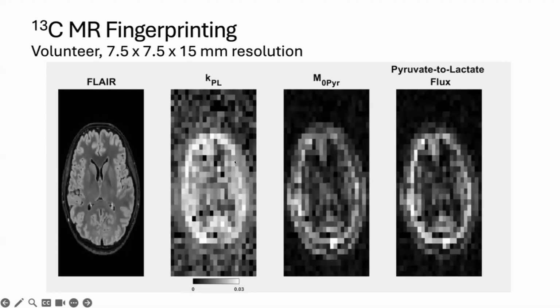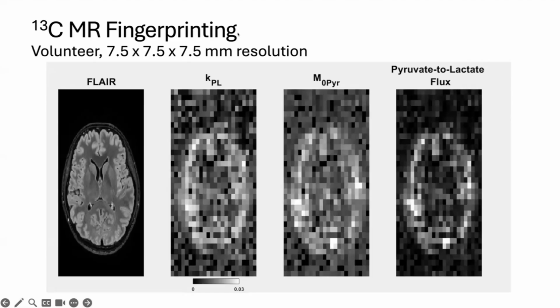And here's our third volunteer. Similar kinds of trends: we have slightly higher thalami, lower KPL in the deep white matter, and higher in the cortex. With this particular volunteer, we also got a 7.5 millimeter isotropic version of this.